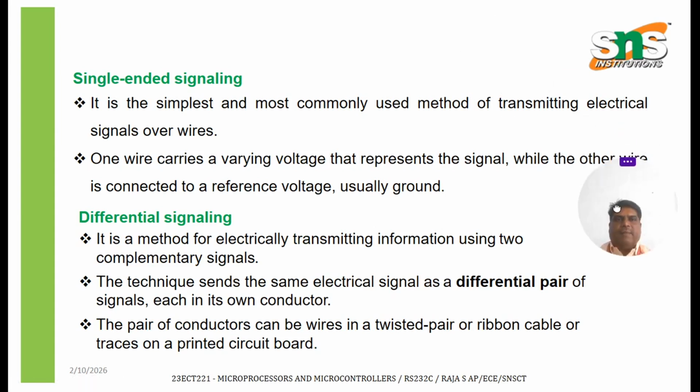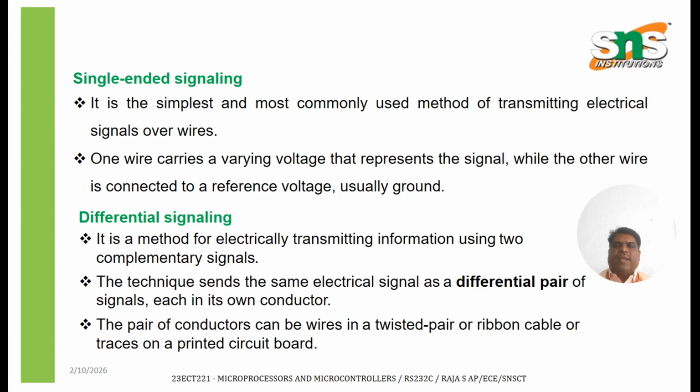Next we can see a very important one, single-ended signaling. RS232 is the simplest and most commonly used method of transmitting electrical signals over wires. One wire carries a varying voltage that represents the signal, while the other wire is connected to a reference voltage, usually ground.